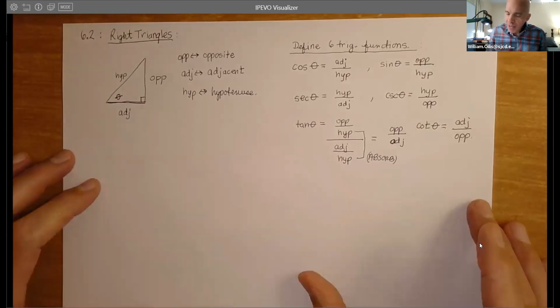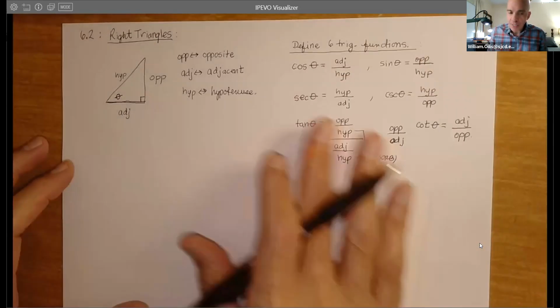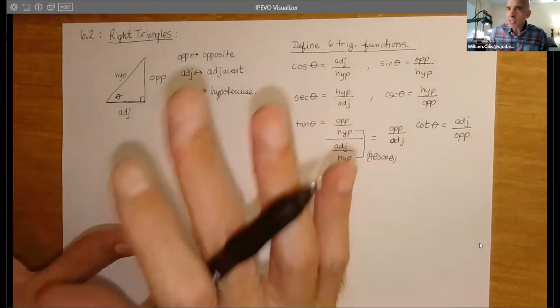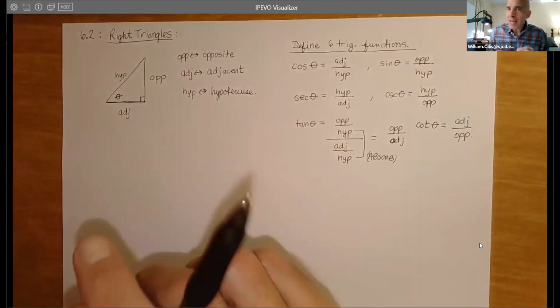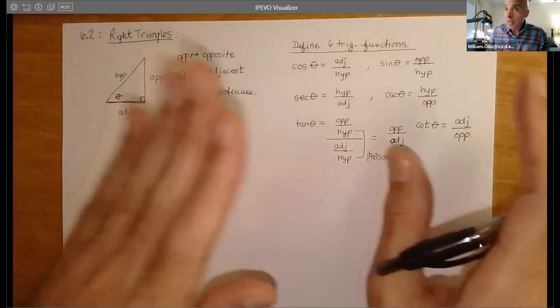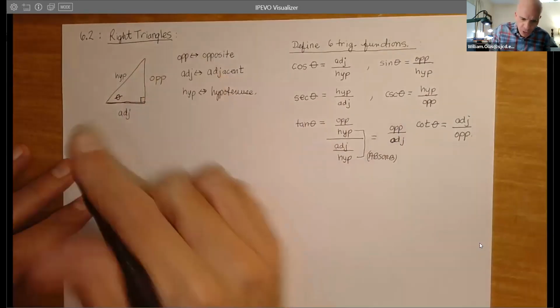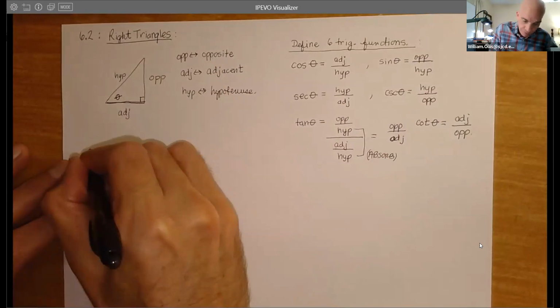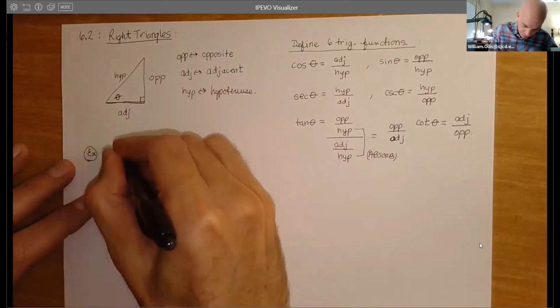Now, when we think about these definitions, at least at this point, we're going to be focusing on lengths of the sides of the triangle as opposed to the angles, which will come later in the chapter. So let's just look at a simple example, and then we'll talk about some special triangles. So here's an example.